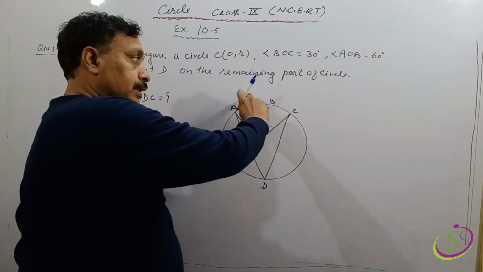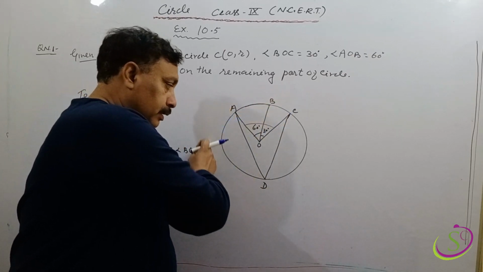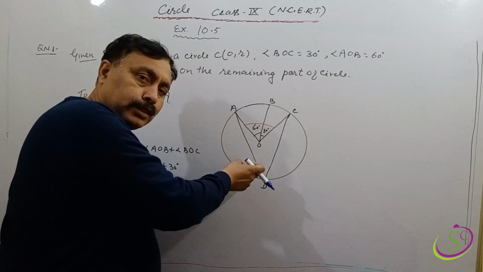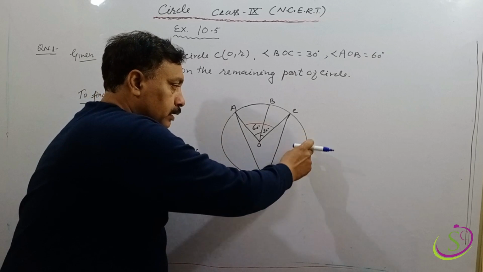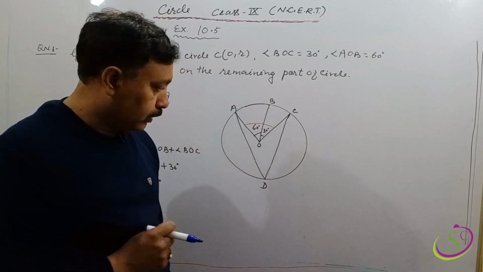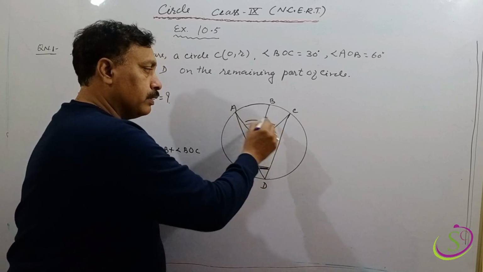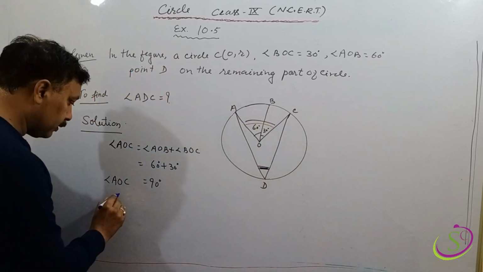Means AC is an arc and this portion is the remaining part of the circle, and point D is situated on this remaining part of the circle. So double of this angle will equal this angle. Clear?